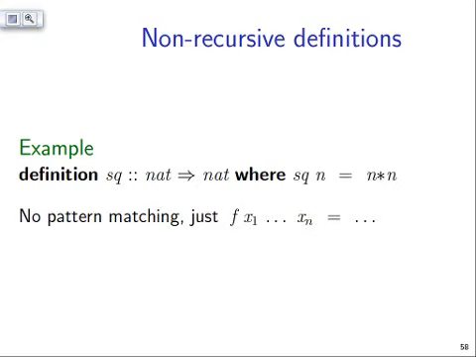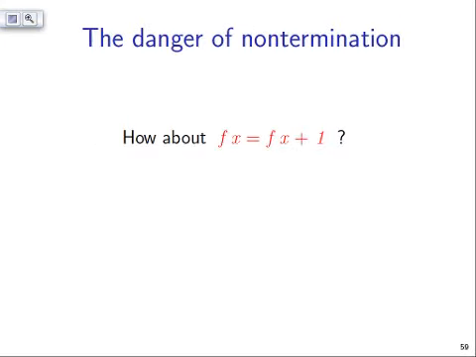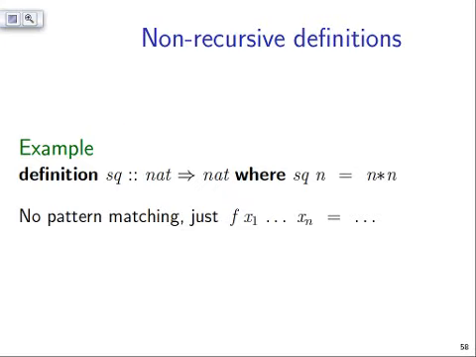And there's no pattern matching here, so if you make a definition, you really have to write a function name and then just a list of variables equals to some term. So, yeah, there's nothing terribly exciting here.